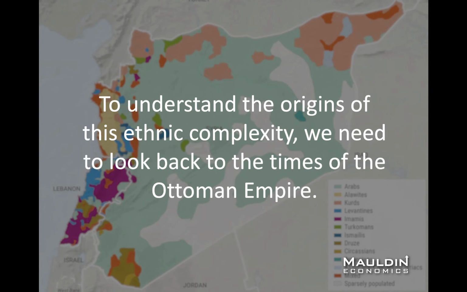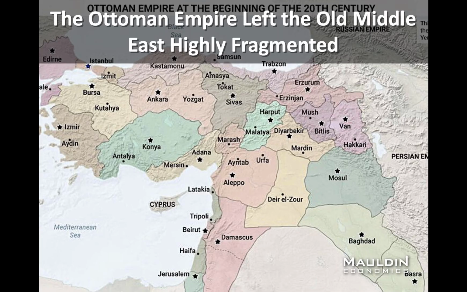To understand the origins of the ethnic complexity, you need to go back to the Ottoman Empire, which was the Turkish-based empire that lasted for several hundred years until after the First World War. So this is what the Ottoman Empire looked like.